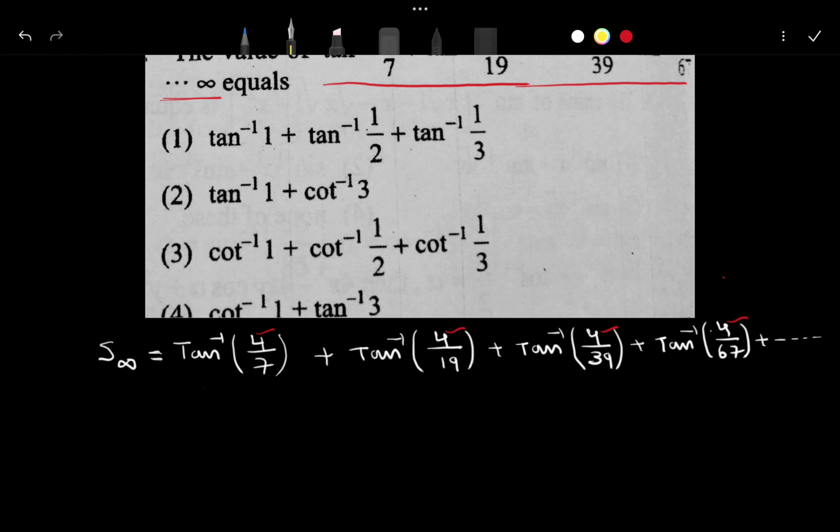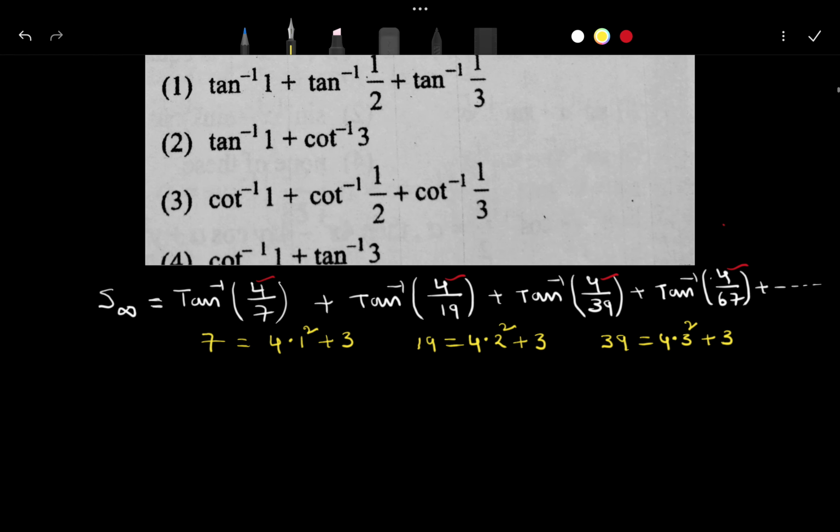You can write 7 as 4 into 1 whole square plus 3, and 19 as 4 into 2 square plus 3. And 39 you can write as 4 into 3 square plus 3. So what is the general term?